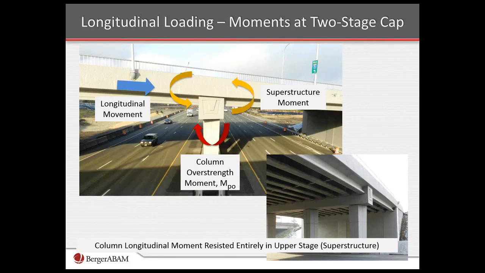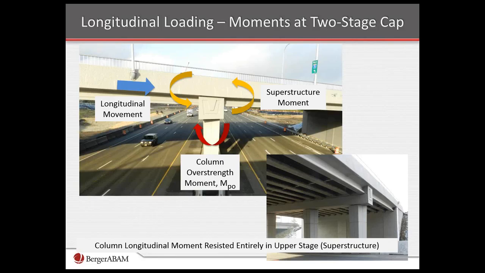So this shows, again, a bridge that has a fully precast substructure. The column plastic hinging region is where the red arrow is in the column. Under longitudinal movement of this bridge, we would need to develop the adequate moment transfer and force transfer up in the superstructure where the forces turn the corner from the cap into the superstructure.